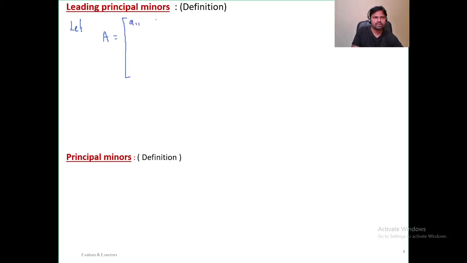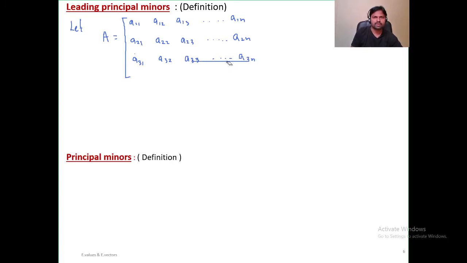Let matrix A be: first row A11, A12, A13, and so on up to A1n. Second row A21, A22, A23, and so on up to A2n. Next, A31, A32, A33, and so on up to A3n. And the last row is An1, An2, An3, and so on up to Ann.